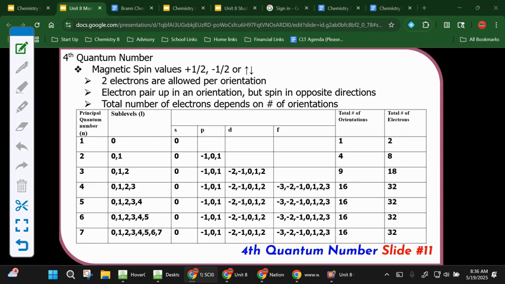How many electrons per orientation? 2. So in the S's we can only fit 2. In the P's we can fit 6. In the D's we can fit 10. So in the F's we could fit 14.